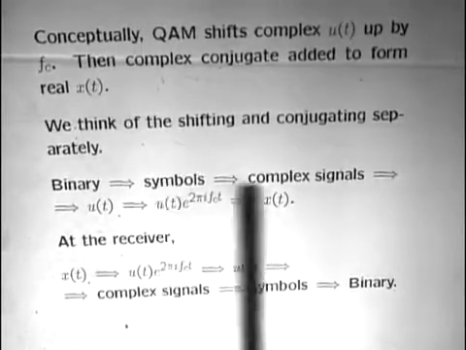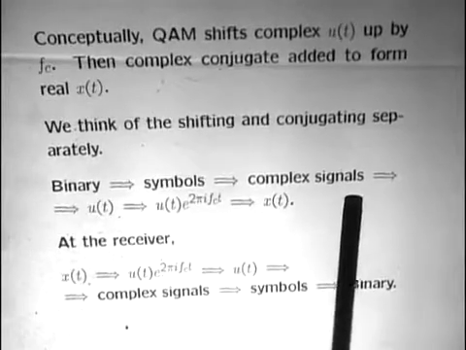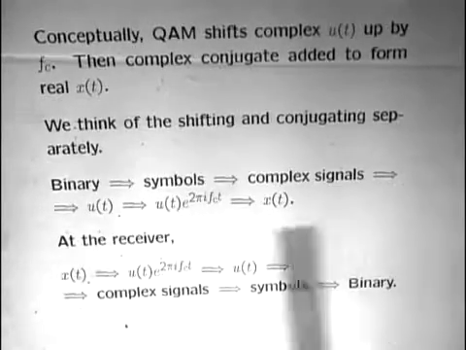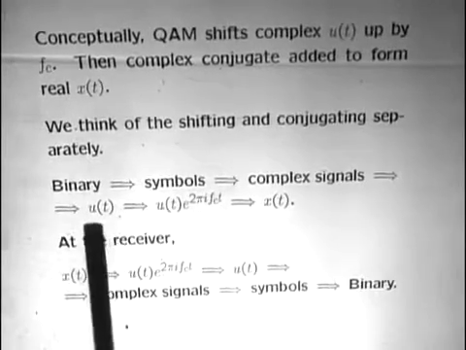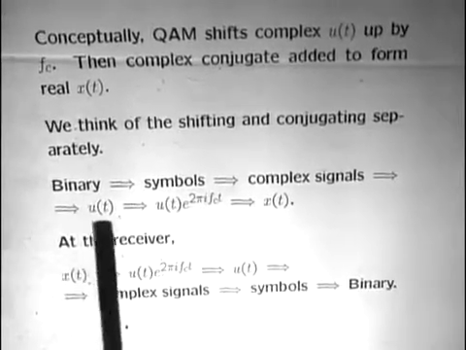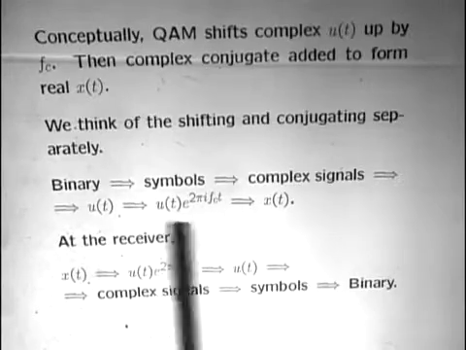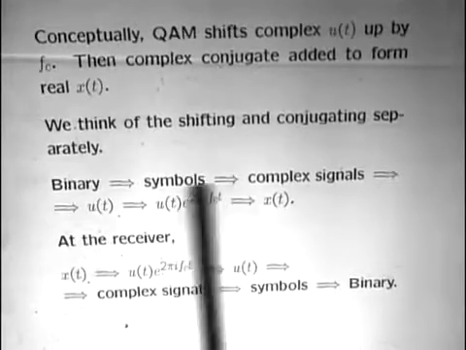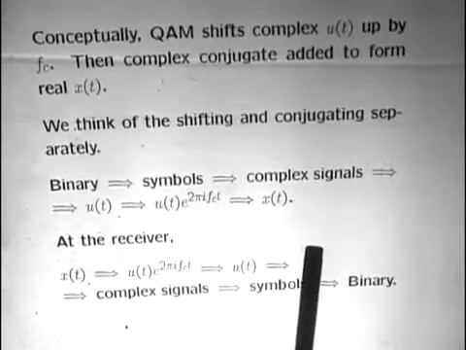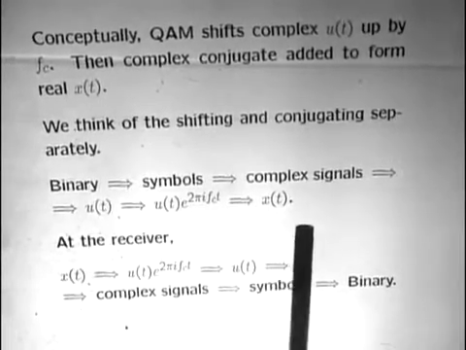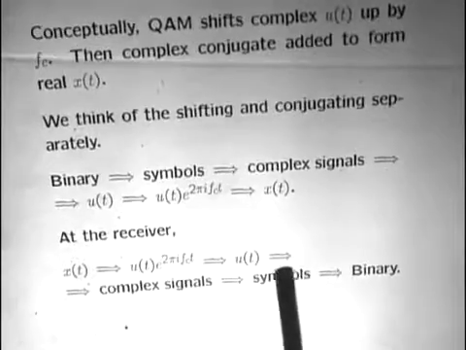We're going to map these symbols into complex signals. We're going to map the complex signals into a baseband waveform u of t. We're going to map the baseband waveform u of t into this positive frequency waveform, u of t times this complex sinusoid. And then finally, we're going to add on the negative frequency part to wind up with x of t. What do you think we do with the receiver?